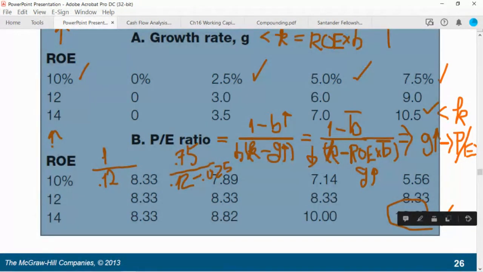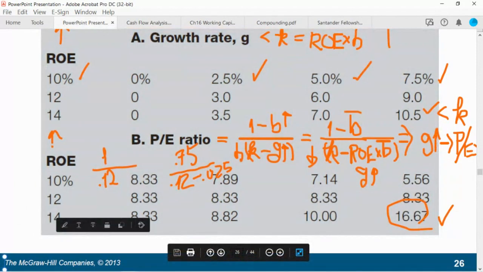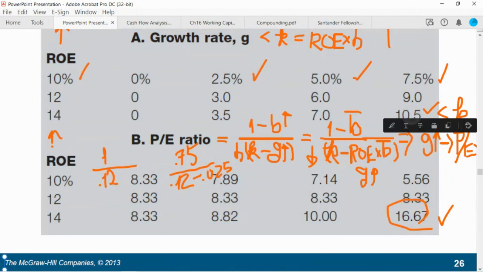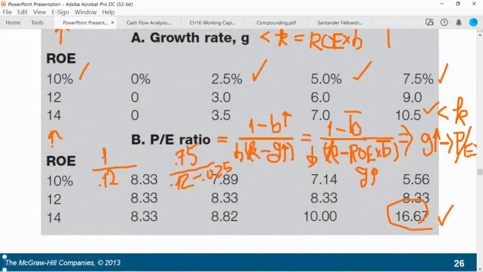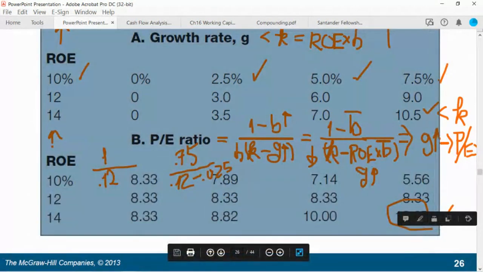With the highest ROE and the highest plowback ratio of 75%, here 10 point something, that's the growth rate, the P/E ratio will have to be the highest.